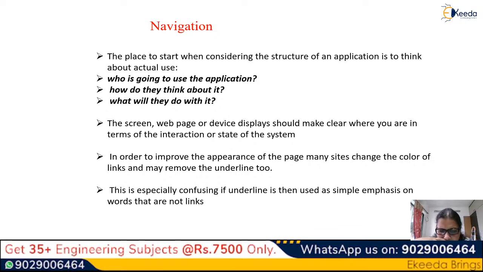Then this is especially confusing if underline is used as a simple emphasis on words that are not links. So how difficult it might be if I use the underline, if I use the bold, as simple emphasis on the words, if those words are not hyperlinks, if they are not used as links, and I've used underline, bold, italic.